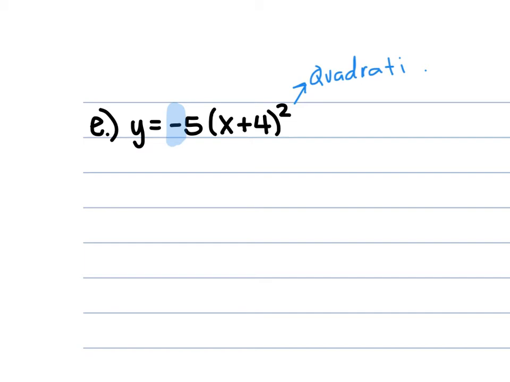It's a reflection over the x-axis. Perfect. Reflection over the x-axis. Okay, next we have this 5 that's being multiplied out front. What does that do to our graph?